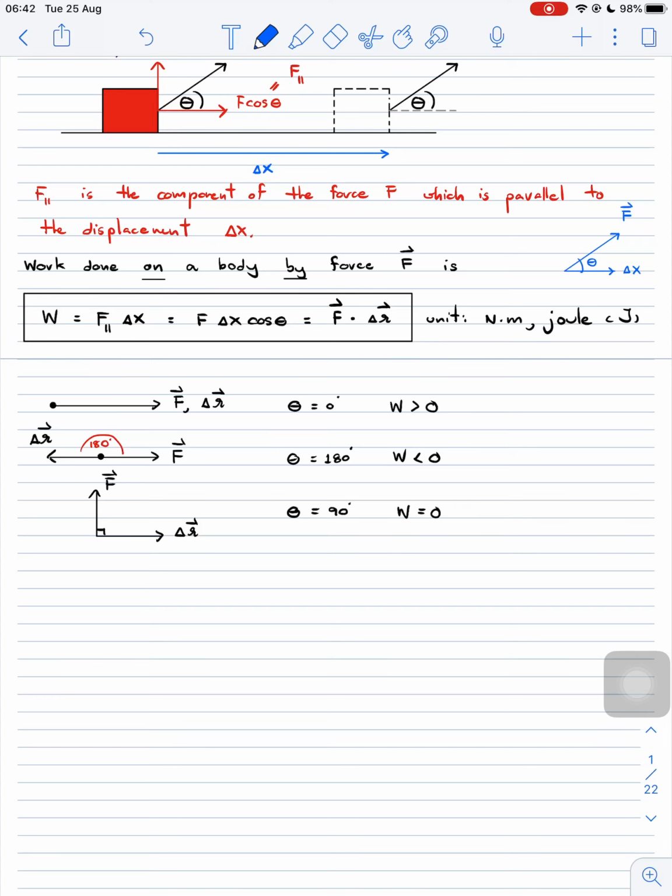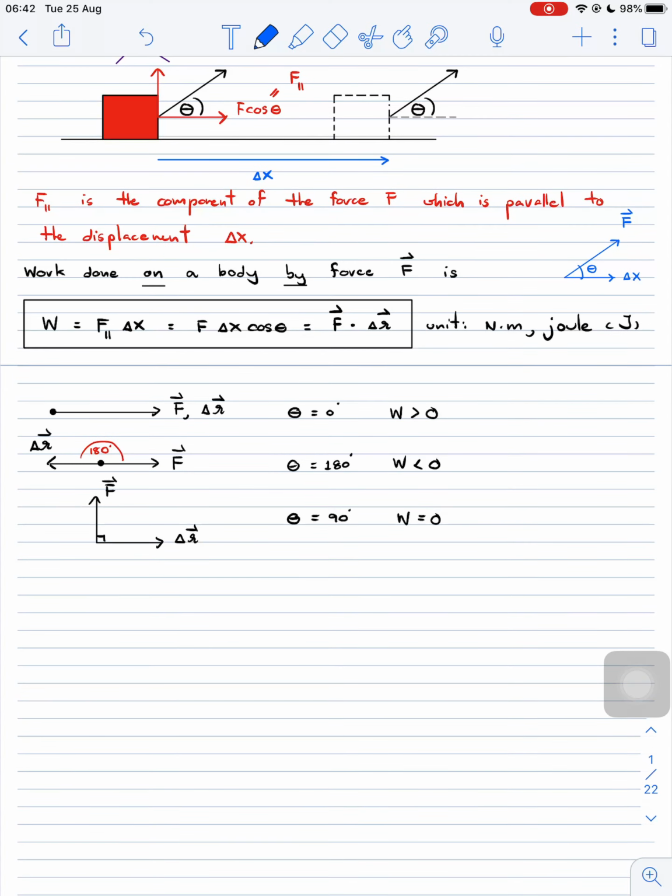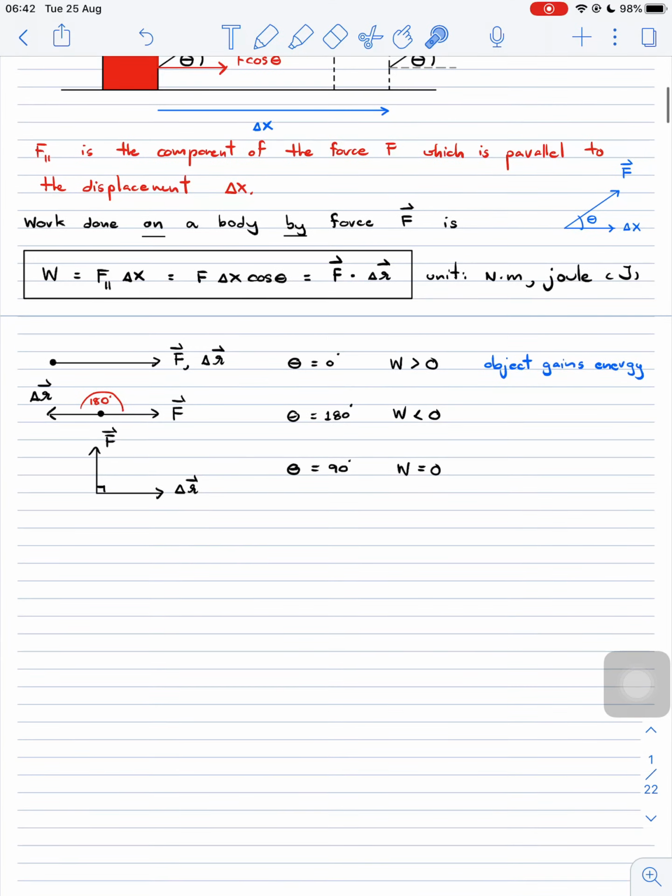If the work done is positive, it means that the object will gain energy. Then again, later I will talk about which type of energy the object gains. If the work done is negative, it means that the object will lose energy.